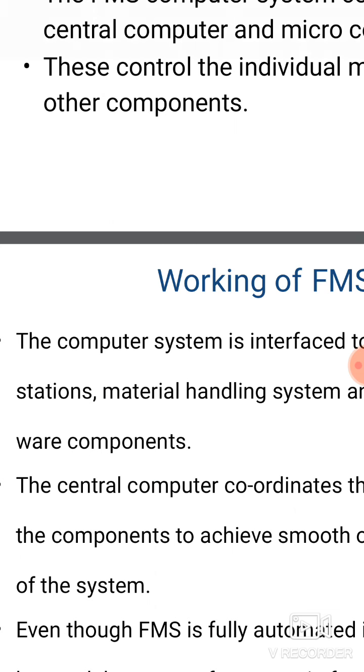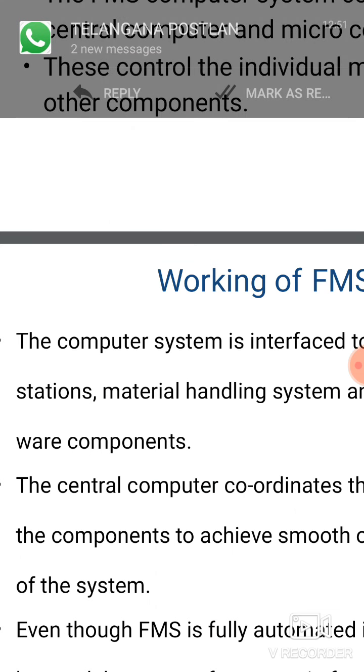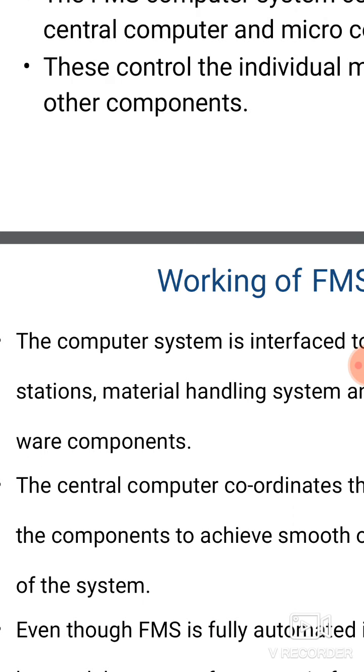So the work moves from one processing station to the next, for example facing, then turning, those are different phases. After finishing the work here, it moves to the next station, and like that it continuously moves on till it finishes the work. All these are controlled by the computer control system.